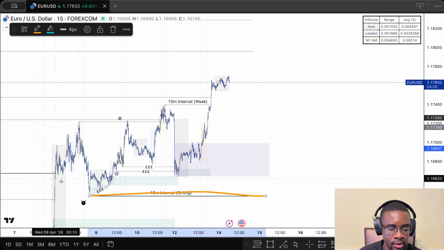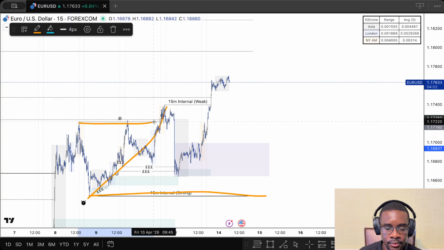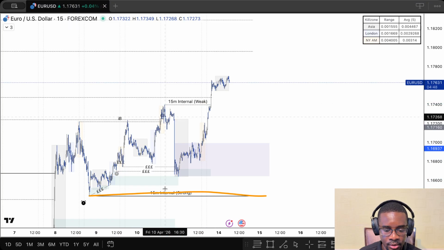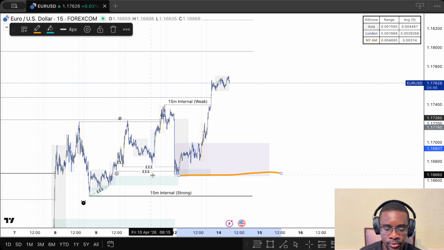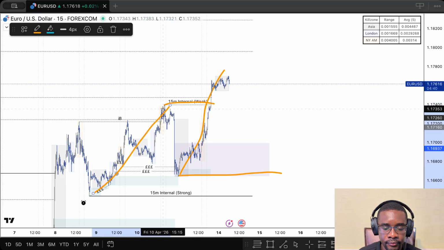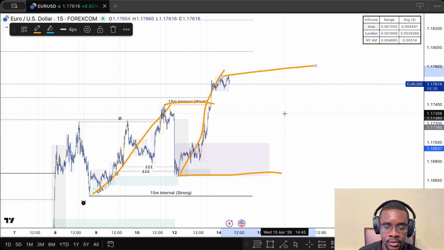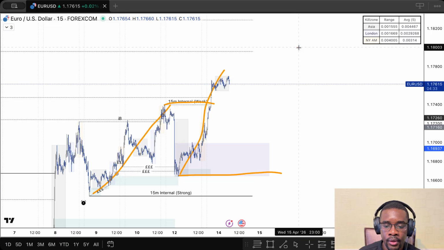The price broke structure right there, broke structure again. So actually my current range is this one. This is where price broke structure. So this is the current range, and then we have liquidity resting at the top right there.